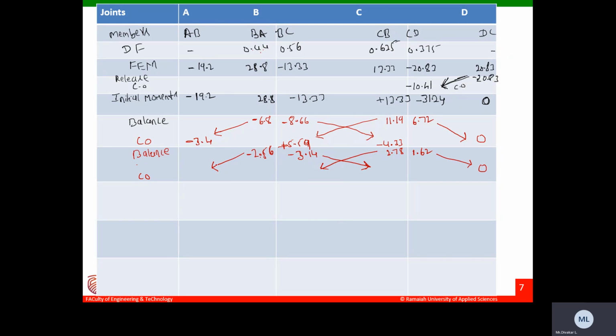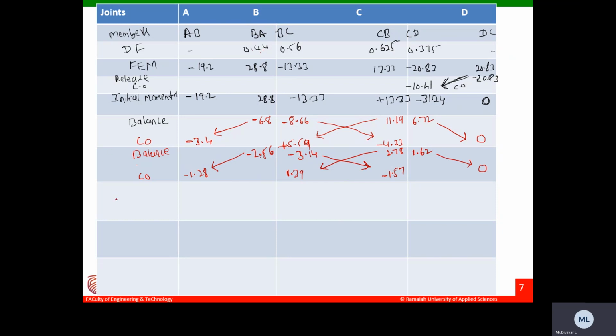Then minus 2.56, half of it: 0.5 times minus 2.56 I need to carry. So it is minus 1.28. And this will be 1.39, and this will get minus 1.57.